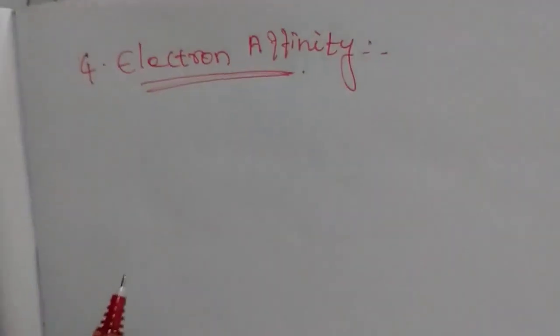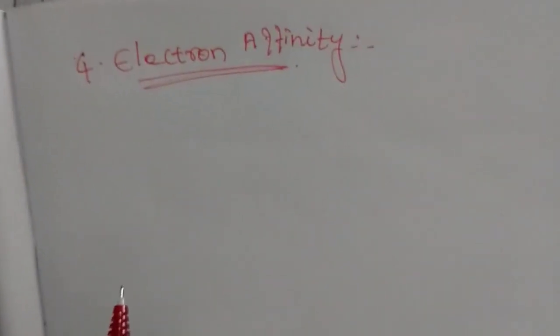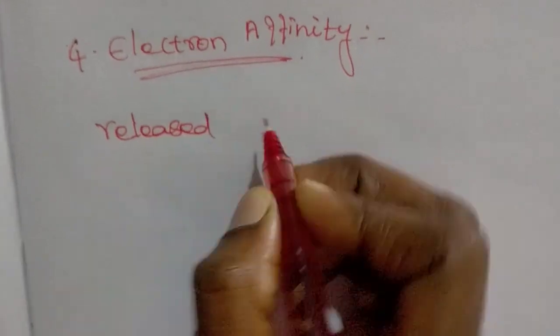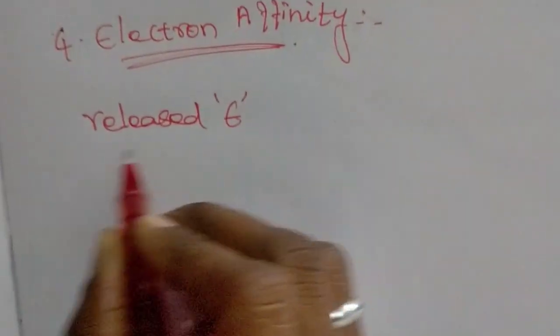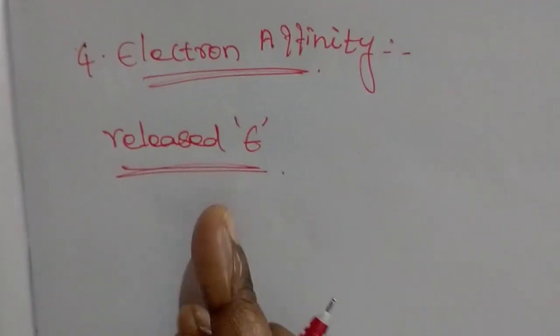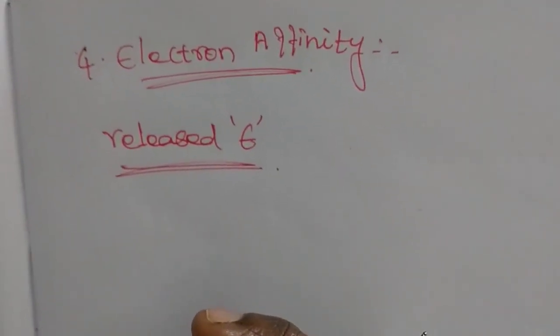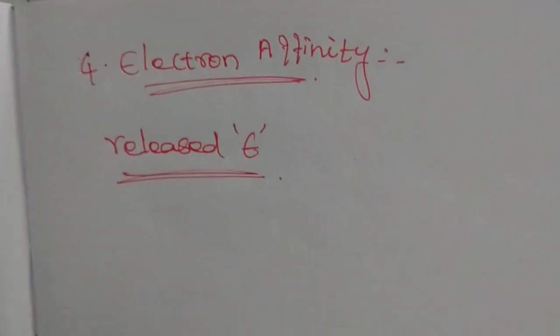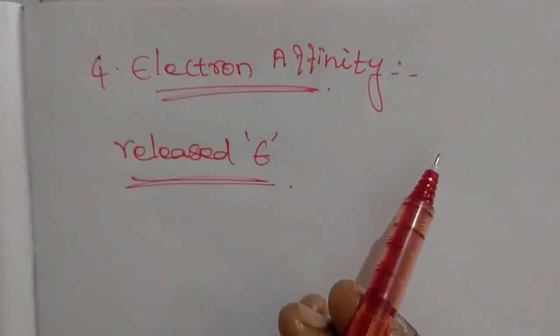Electron affinity. We learned ionization energy is the required energy, and here this is released energy. With ionization energy we require more energy to remove the electron, so electron affinity is the opposite of ionization energy.